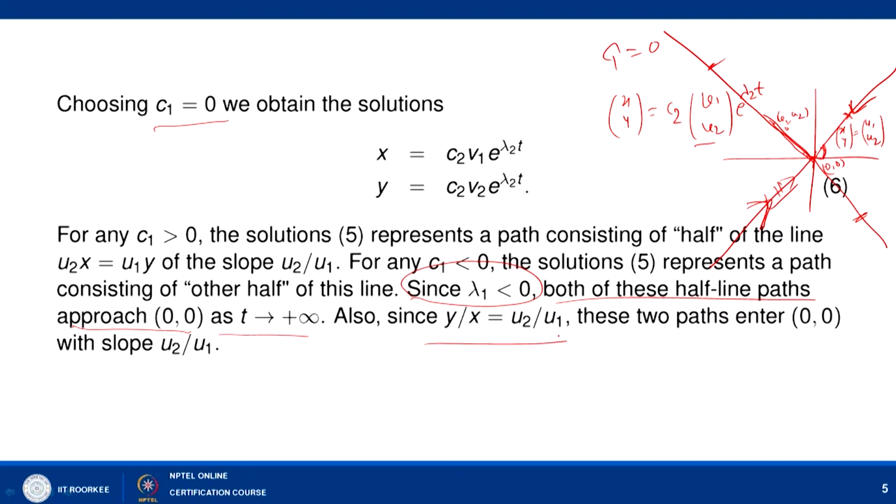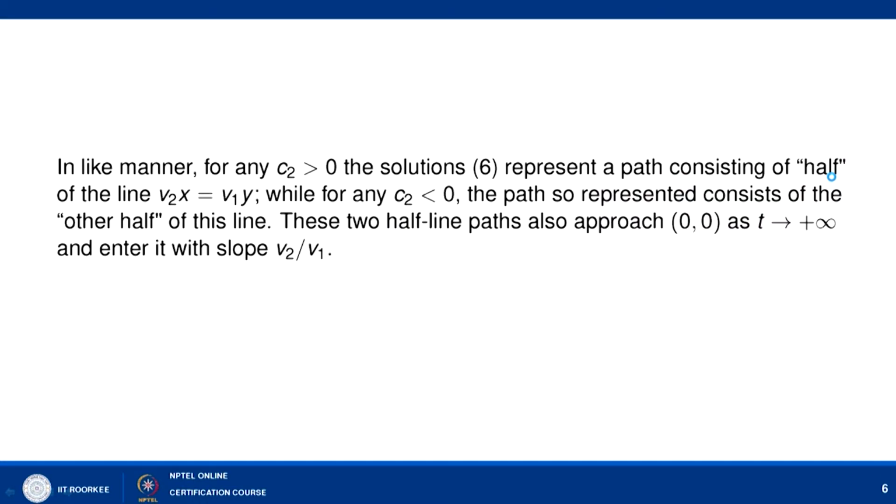Now, we already know that y by x is equal to u2 upon u1. So these two paths enter 0 comma 0 with the slope u2 by u1, as t tends to infinity. In the same manner, for this other line, the solution will enter the origin with the slope v2 upon v1.